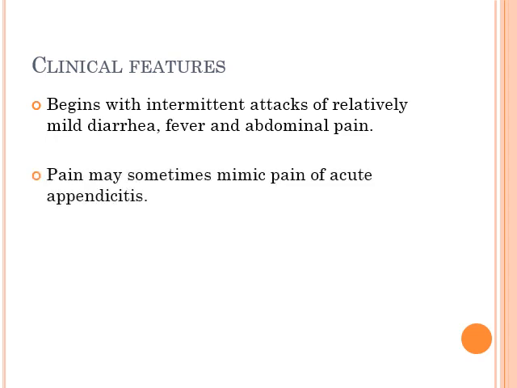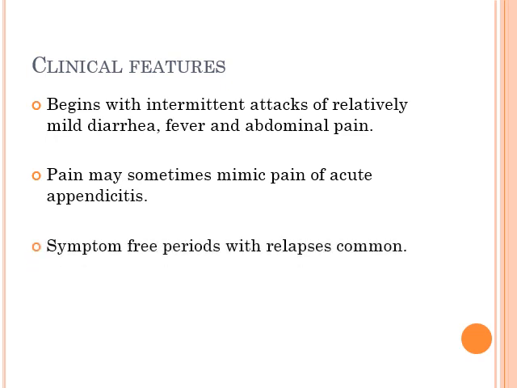This pain may sometimes mimic the acute pain of appendicitis. In between your symptomatic periods, you have some asymptomatic or symptom-free periods, with relapses, which are common in Crohn's disease.